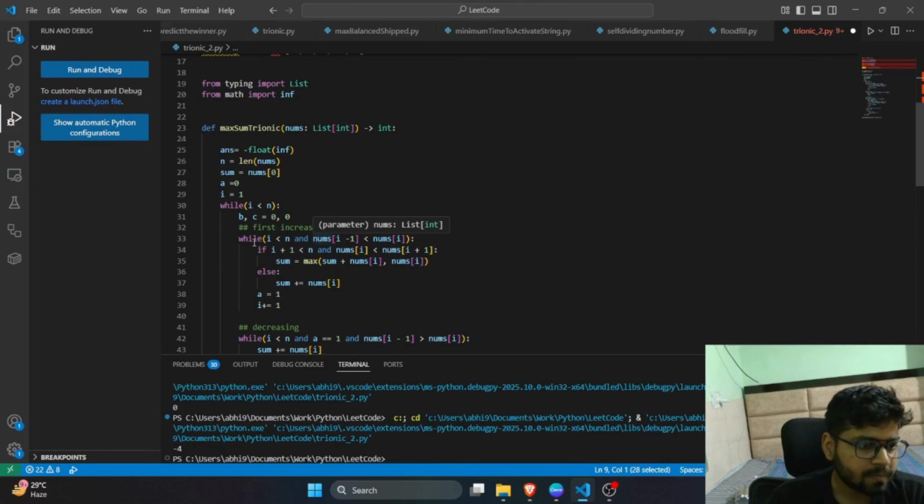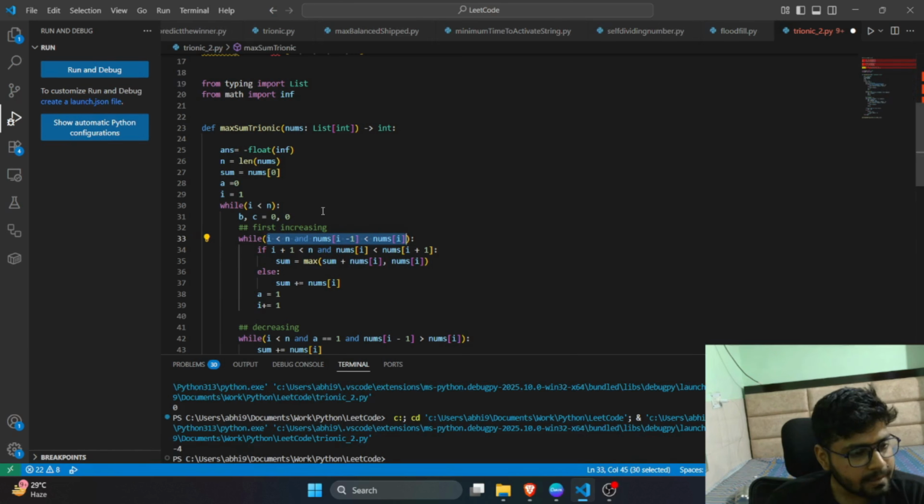Then we will loop through i until the previous value is greater than the current value. If the previous value is less than the next value, it means it is in increasing order.